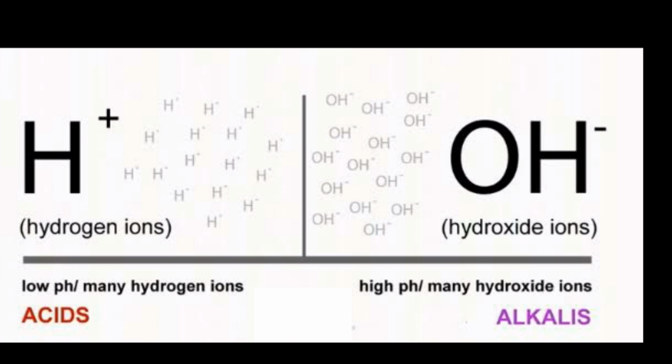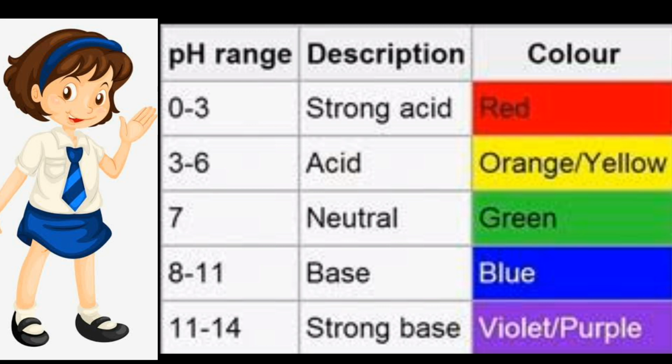In an acidic solution, the concentration of hydrogen ion is far greater than that of pure water. So we have to understand that on the pH scale, when it is lower than 7, it is acidic. The lower the number, that means 1 or 2, we have to understand that the solution is strongly acidic.